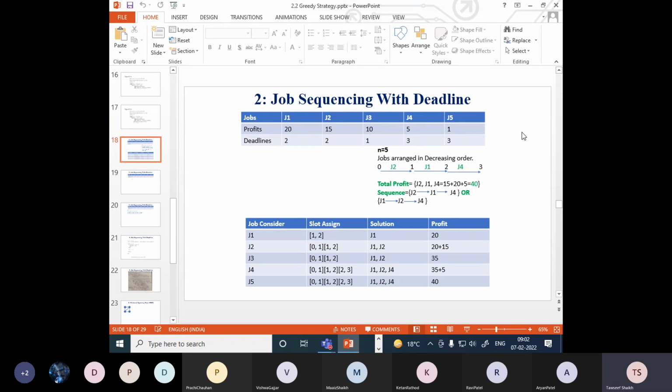The first thing is the profit which he attaches to every task, and the second thing is the deadline, that it should be completed in this much of the time.